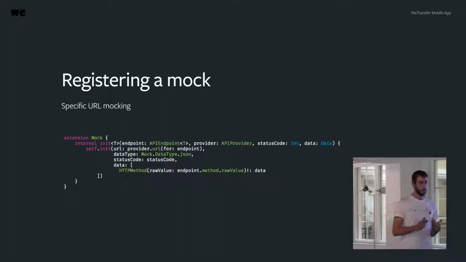In our Rabbit framework, we've built our own API provider, and we made an extension to make it really easy to mock our endpoint requests. But it basically gives you an idea that it's possible to make a mock for all types of URLs.